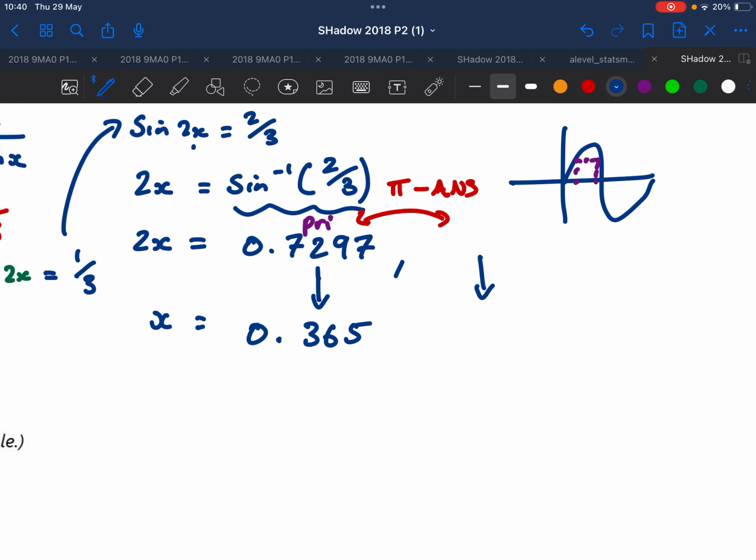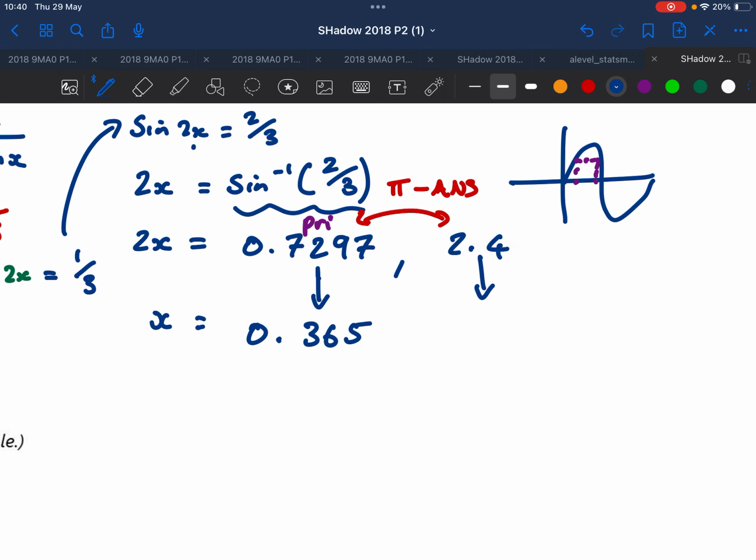And then the other one, if I multiply it back up by 2, if I do pi minus my answer, I get 2.4, and I was giving how many decimal places here?